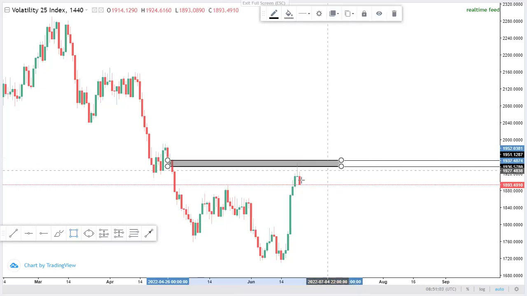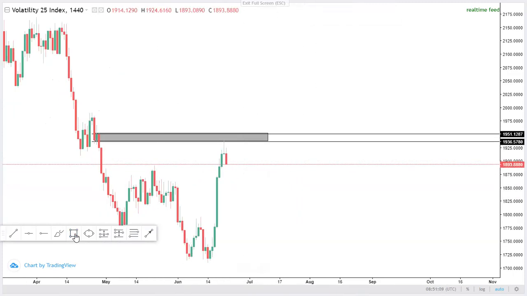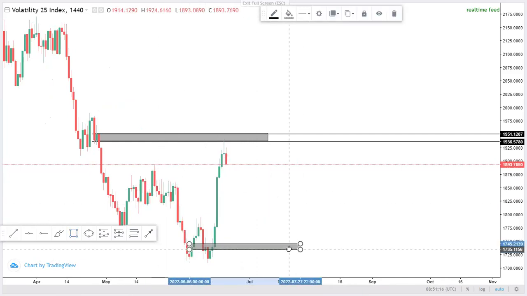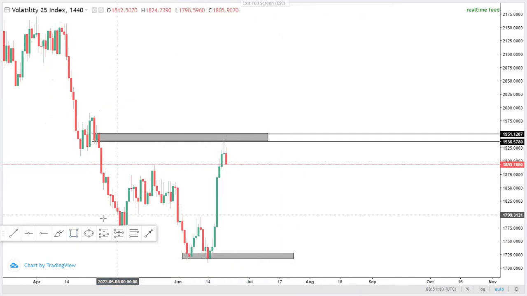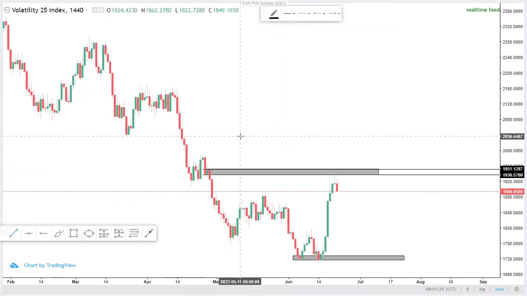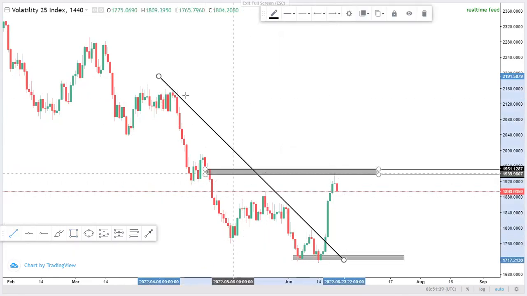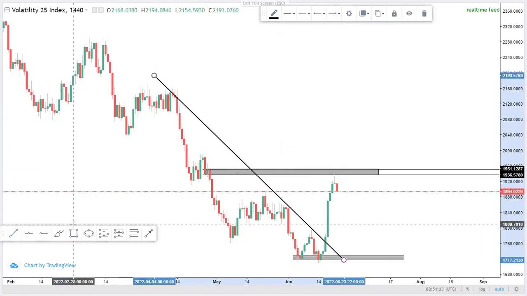So therefore, we should be looking for sales to a certain area of support, or maybe sales to this area here. It's all based on probabilities. But on the contrary, looking at this, it might actually be a retest of this zone.